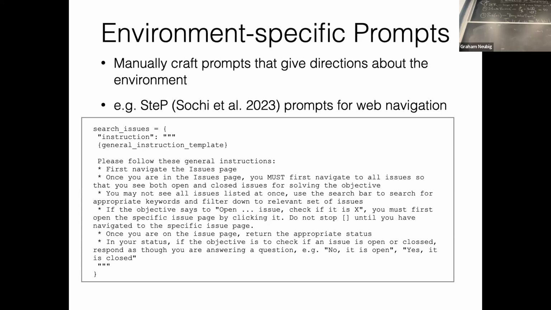You may not see all issues listed at once. Use the search bar to search for appropriate keywords and filter down to the relevant set of issues. If the objective says to open an issue, check if it is X. You must first open it. So you get the idea. It's very, very detailed instructions about how to do a specific thing on a specific website, GitLab.